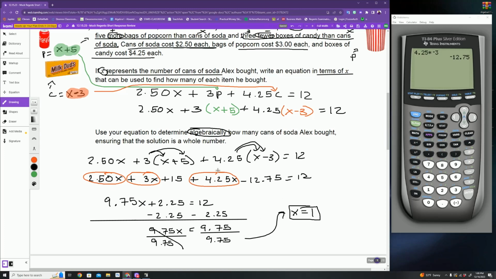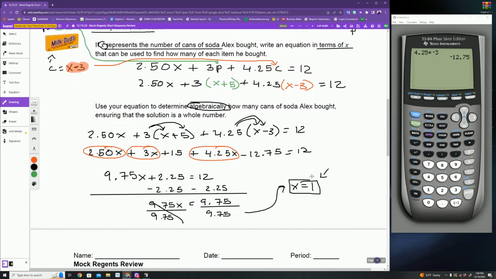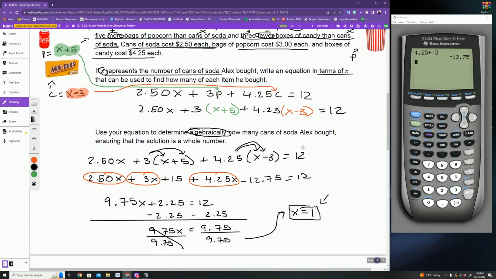So this is saying, what was x? X is the number of cans. Alex bought 1 can of soda.